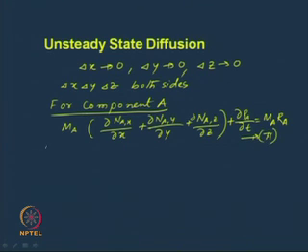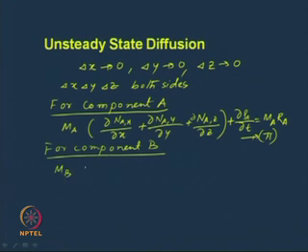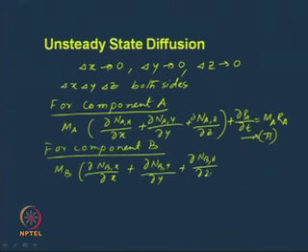So, similarly for component B, we can write M B into del N B x del x plus del N B y del y plus del N B z del z plus del rho B del t is equal to M B R B. So, this is equation 7.2.